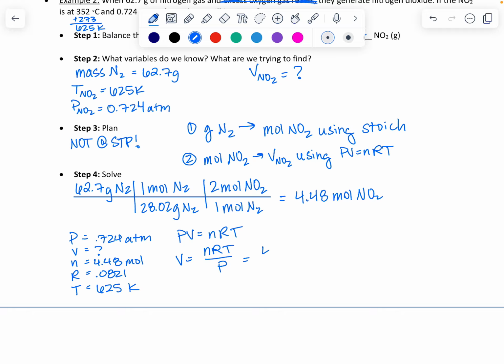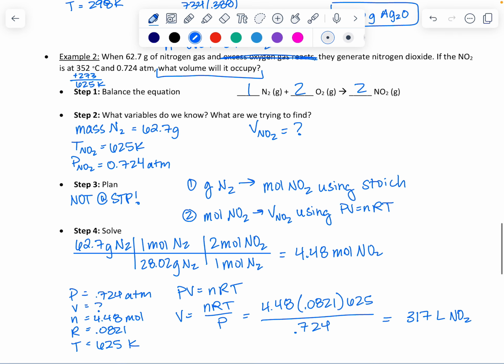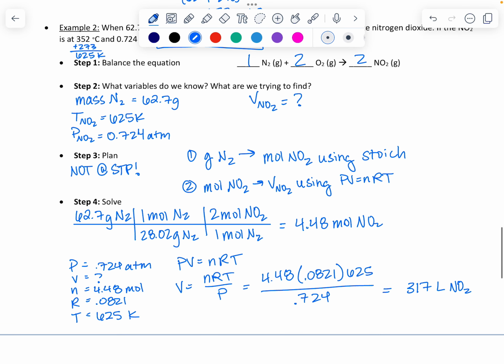So 4.48 from our part 1 answer is the moles, 0.0821 is our R value, the temperature is 625 Kelvin, and we're going to divide by 0.724 atmospheres. And you should get a volume of 317 liters of NO2. And they didn't specify if they wanted the volume in milliliters or liters, so you can just leave it in liters. That should be your answer.